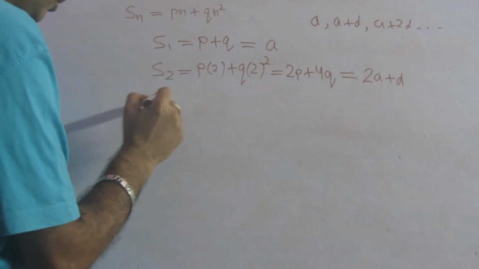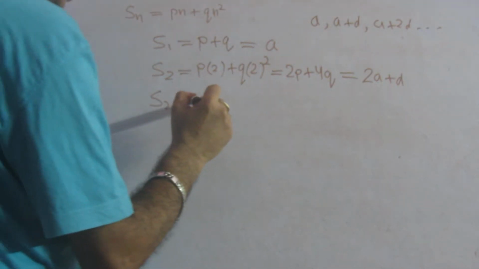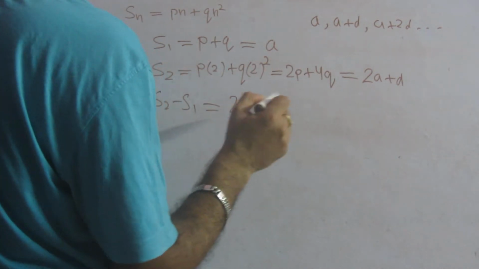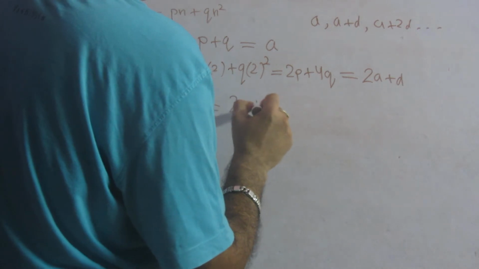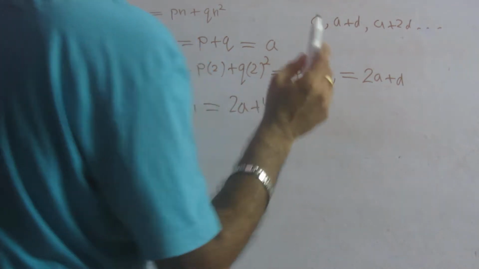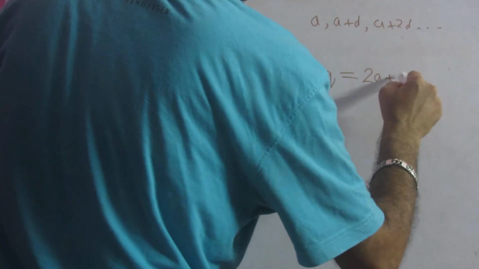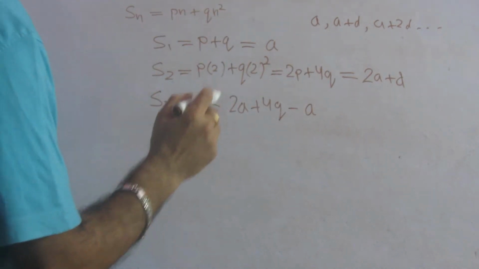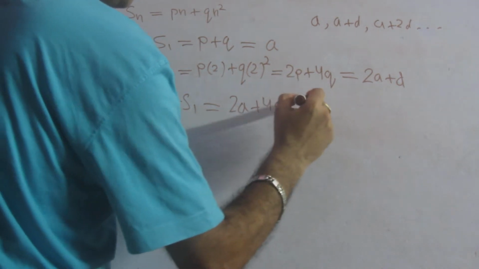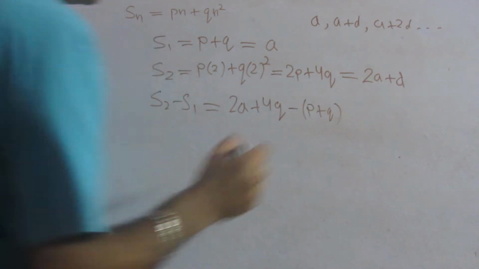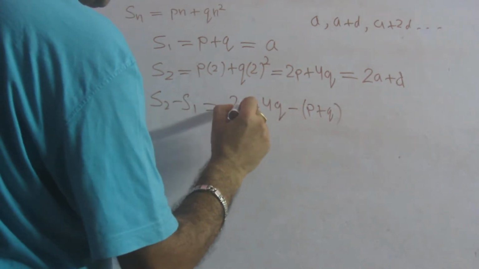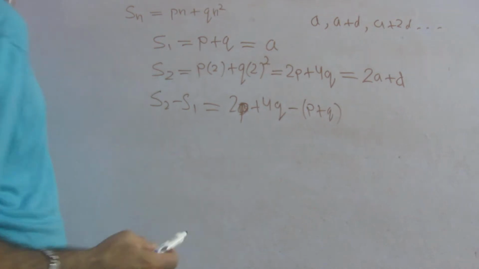Now S2 minus S1 will give me 2A plus D minus A, which is equal to P plus Q. So now this is 2P plus 4Q minus P plus Q. Let me just write it properly.